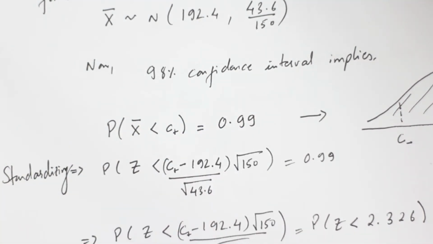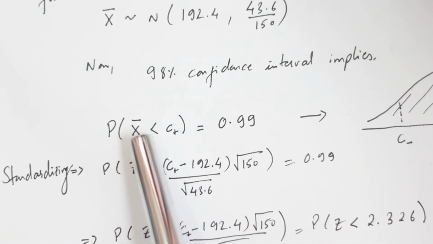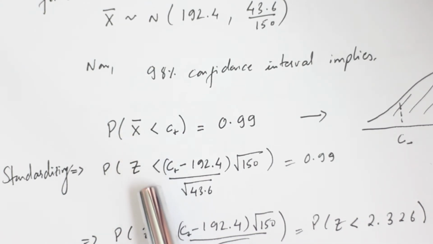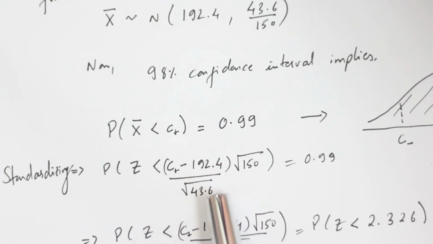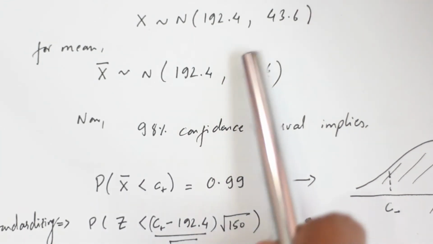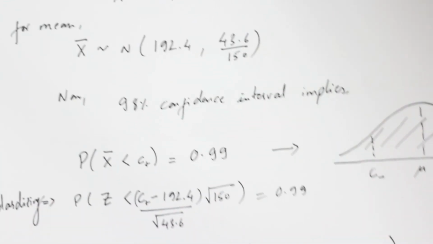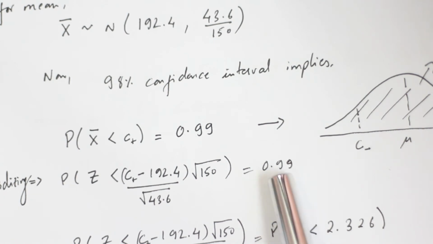When you standardize, your x variable goes to z variable, because z is the standard notation for the standard normal distribution. So this is the formula that we have to use: C plus minus mean over the standard deviation. In this case the standard deviation is simply the root of this here, because this is the variance. So this equals 0.99.